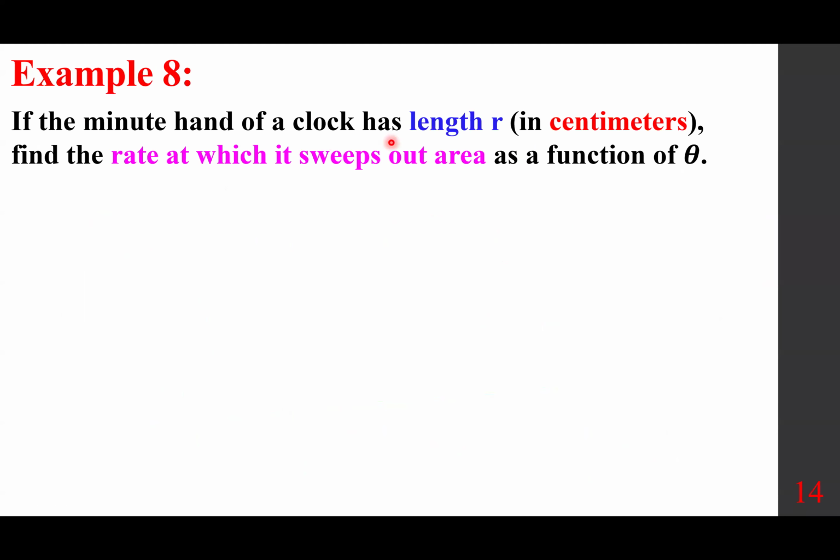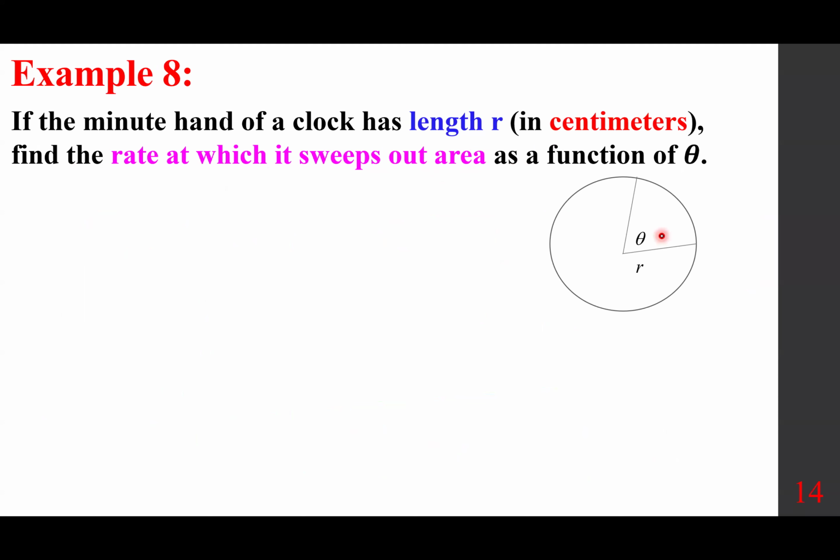If the minute hand of a clock has length r in centimeters, find the rate at which it sweeps out area as a function of theta. Well, here's a circular shape of a clock. Here's r, here's theta, the central angle. Okay.